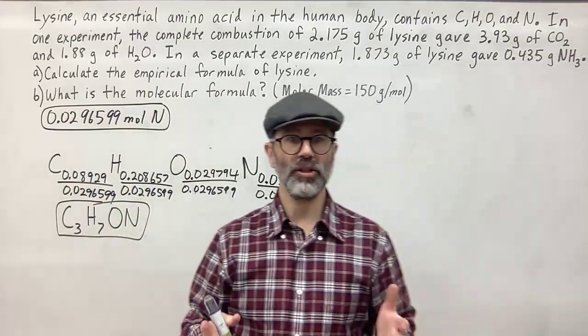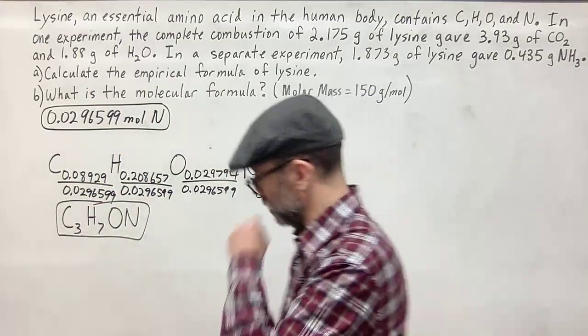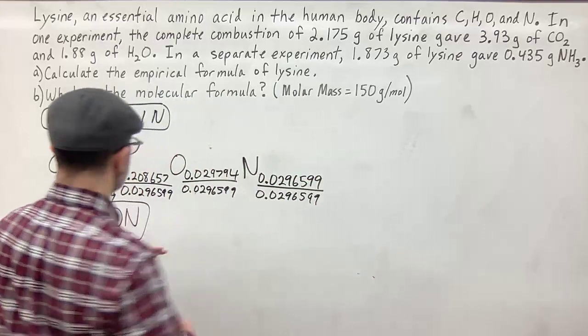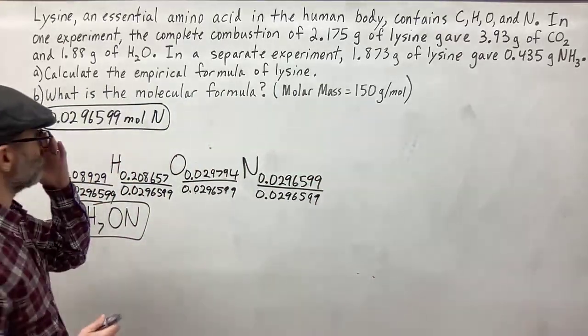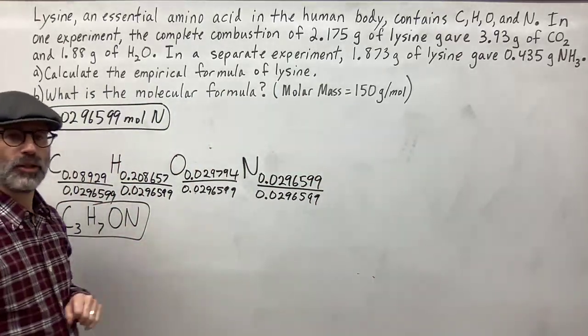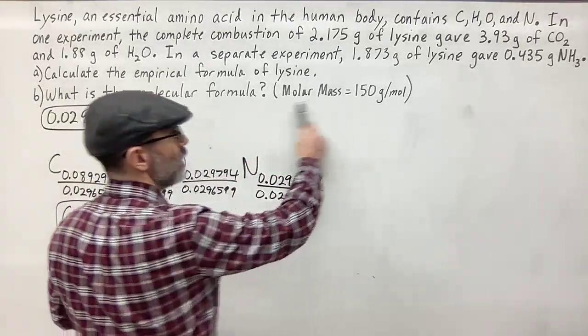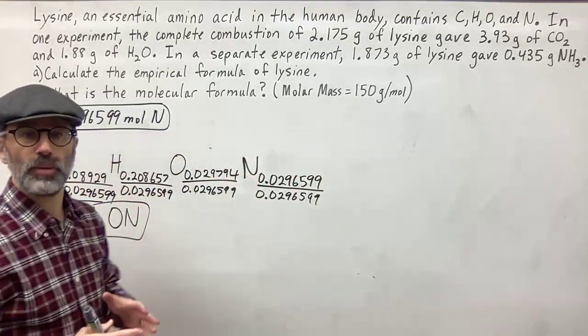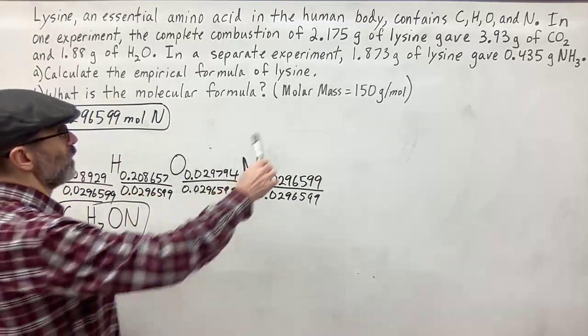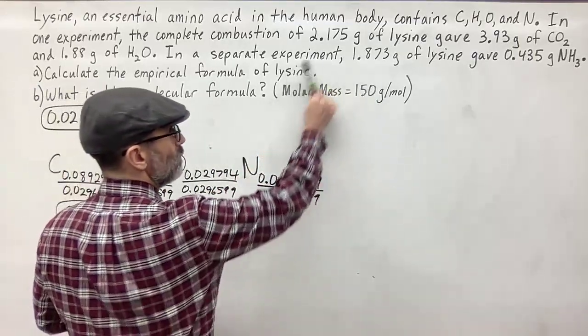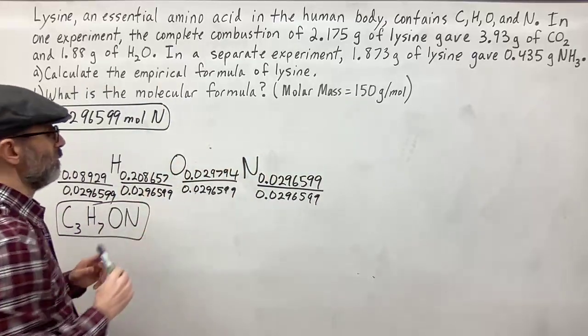Okay, so far so good. So what about the molecular formula? To find the molecular formula, it's really useful that they gave you the molar mass of the molecular formula. So this is the formula mass of the molecular formula.